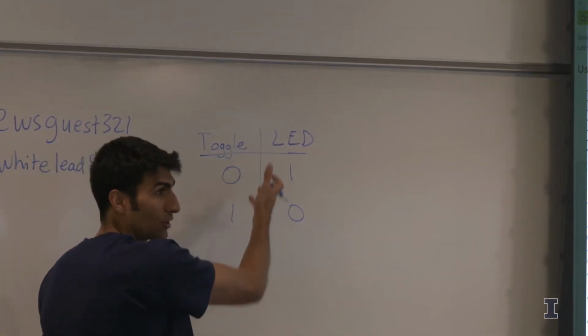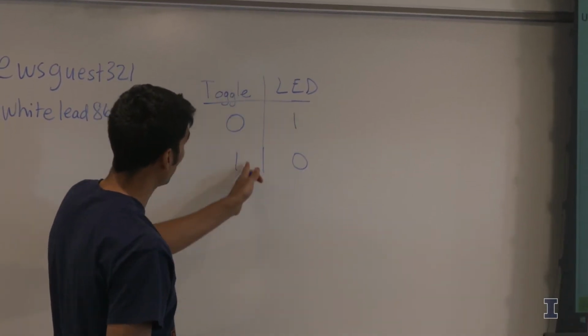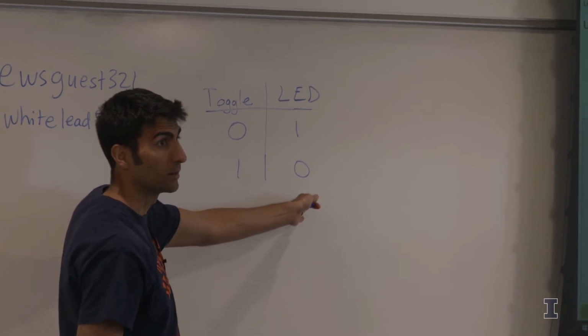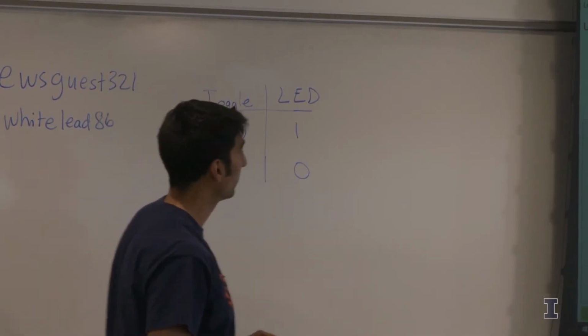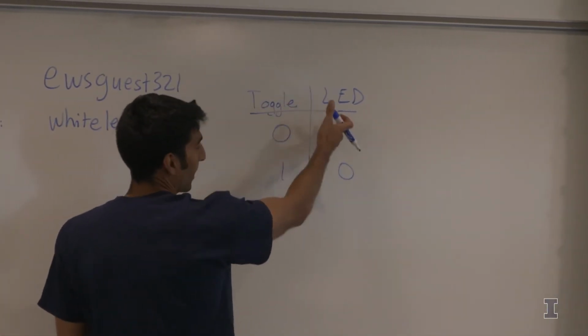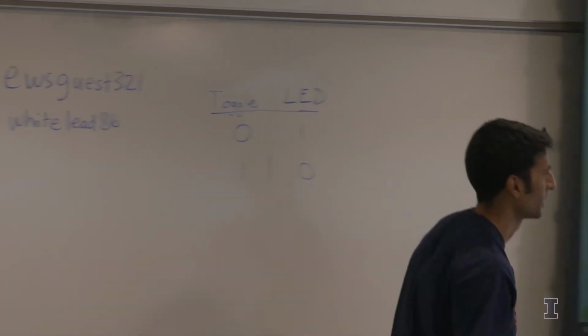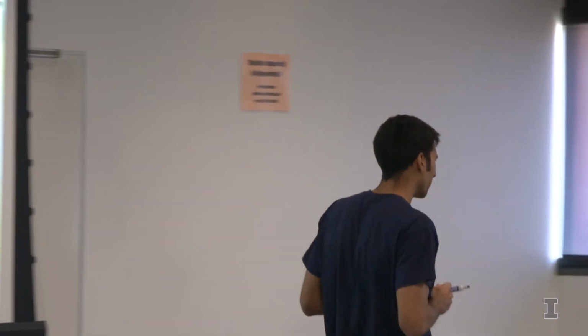So there we go. This is our first truth table that we built. It's a truth table because it's giving a relationship between inputs on the left and outputs on the right. All right? Now, to simplify things a little bit, instead of writing down toggle and LED, we could just call this toggle X, as they use in the book.